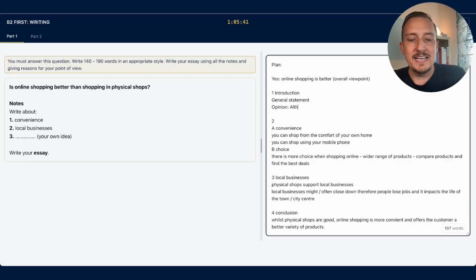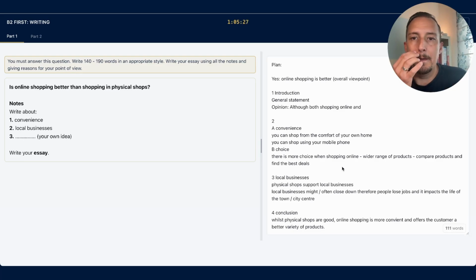So we might want to say something along the lines of, although both shopping online and, we might add this just to get the idea down. So although both shopping online and physical shops have their advantages, are good or something like that.